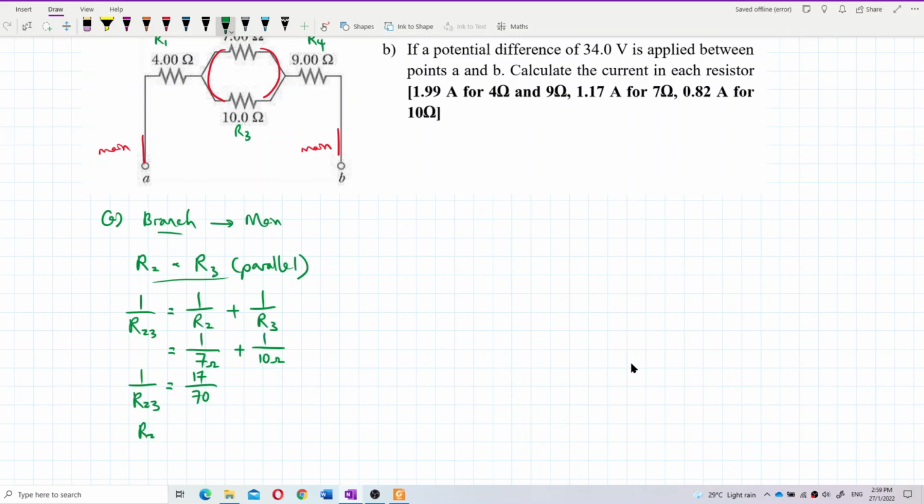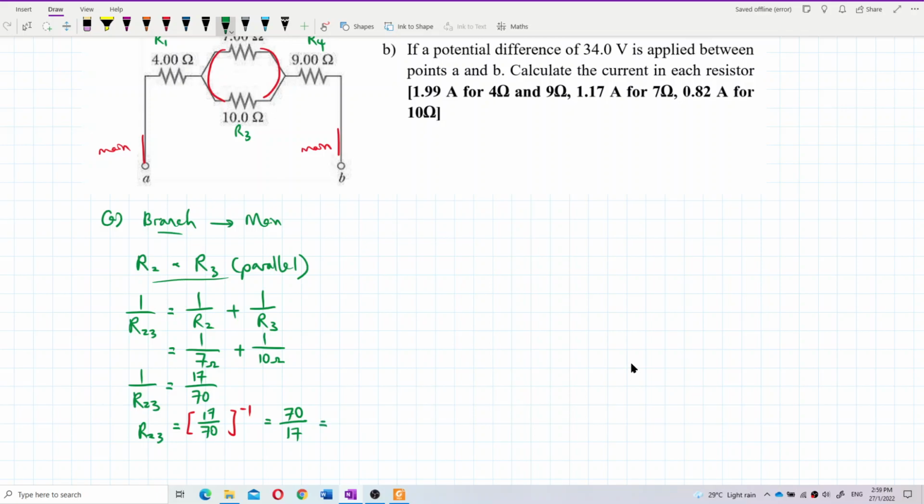So to get R23, don't forget the very important step here: you need to invert. Many students forget to invert, same like the capacitance last time. So you will get 70 over 17.